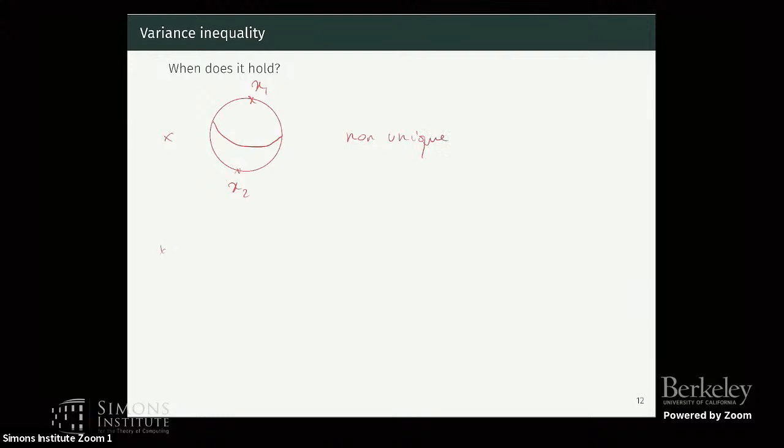What I can do is, once I have these 2 points, x1 here and x2 here, I can choose a barycenter that is on the equator and call it x star. Then I will draw the geodesics that start from this x star and go to x1 and x2, and I pull my x1 and x2 closer to my barycenter.